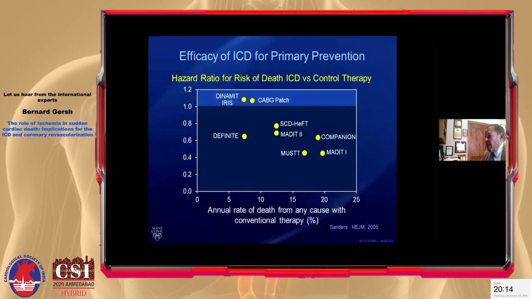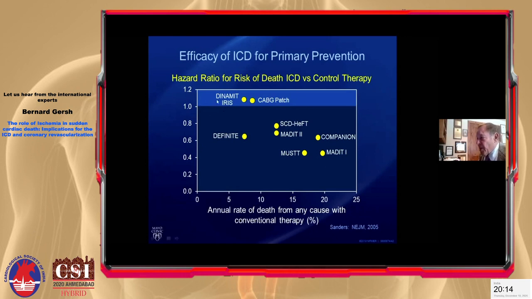And there were a number of trials of ICDs for primary prevention. Everything below the line shows a benefit for the ICD. These are the earlier trials, MADIT-II, SCD-HeFT, MUSTT trial. But there were 2 trials that did not show a benefit for an ICD implanted very early on before discharge.